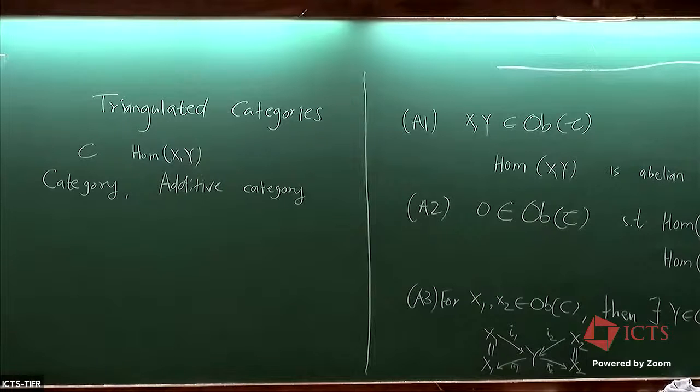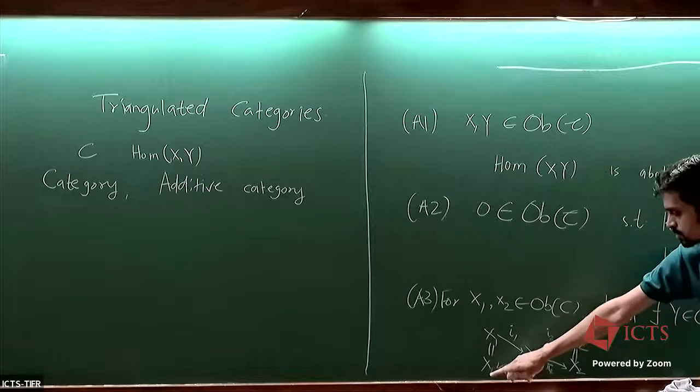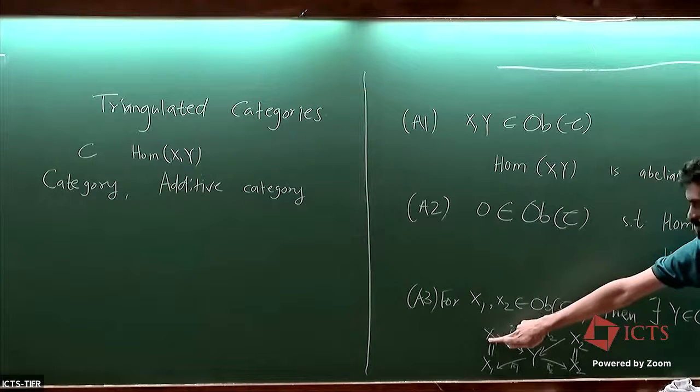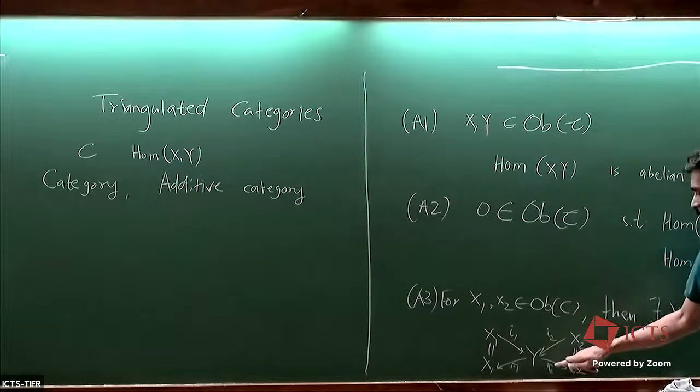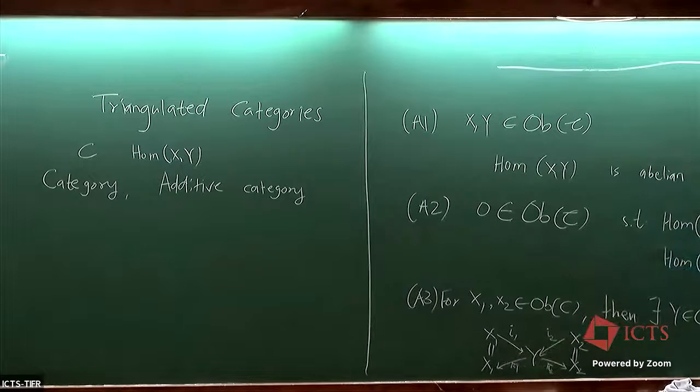So i1 followed by pi1 is the identity on X1. Think of this Y as X1 direct sum X2, so that this map is an inclusion and this is the projection onto the X1 coordinate.